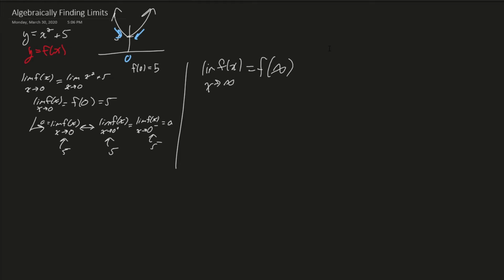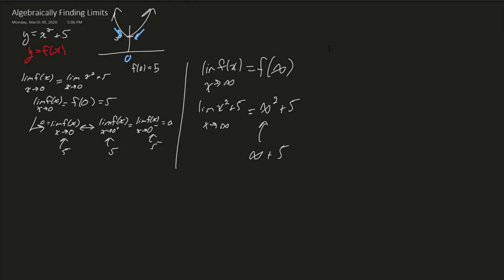And so if we did the actual math here and we were trying to figure out the limit of x squared plus 5 as x approaches infinity, well, if this is f of infinity, then this is going to be infinity squared plus 5. That's pretty intuitive. Infinity squared is still going to be a really, really large number. And so it's going to be infinity plus 5.